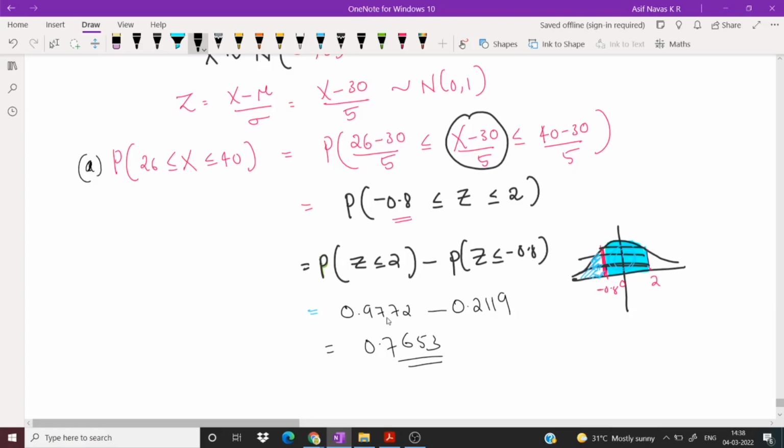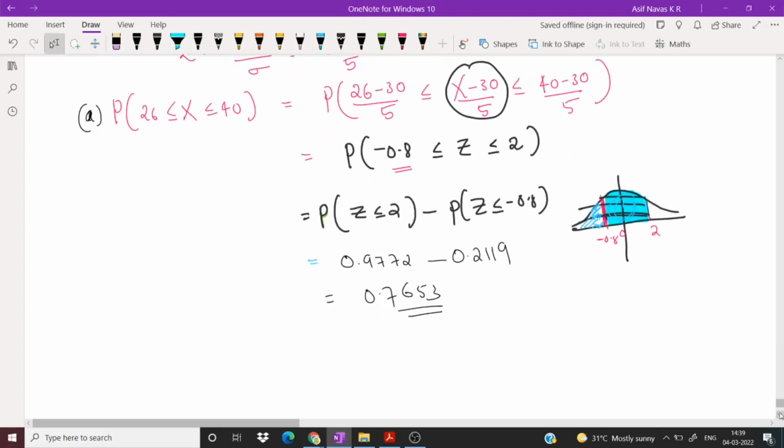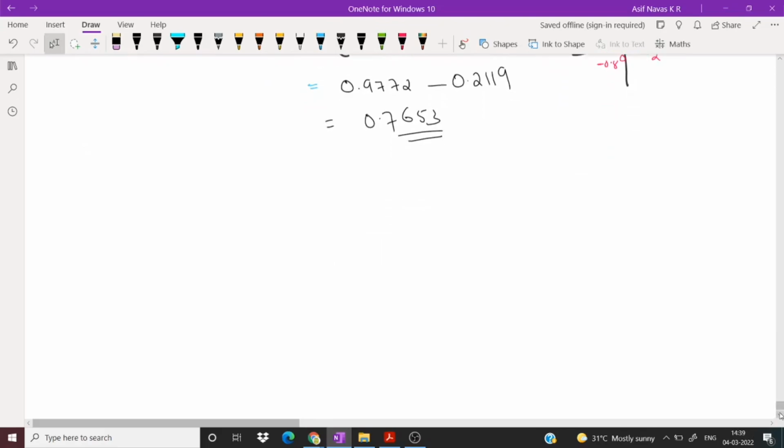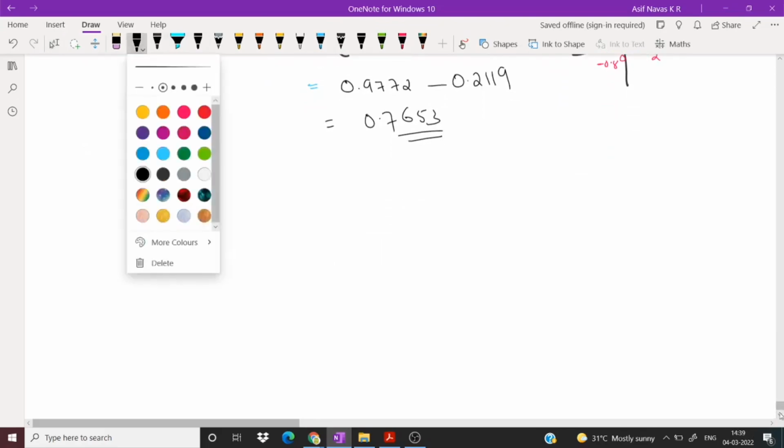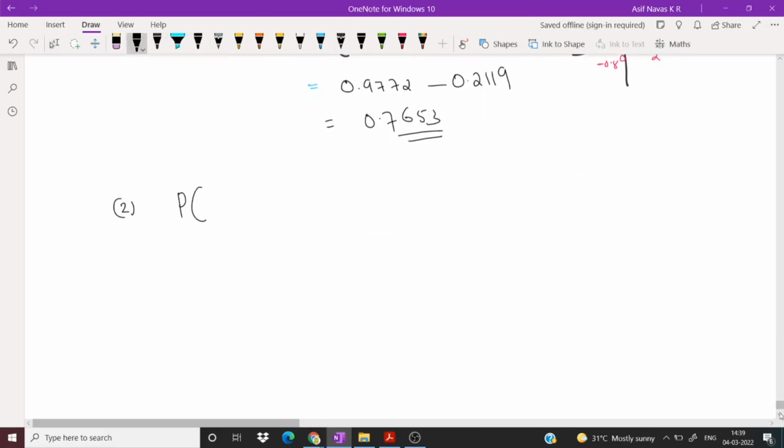Anybody have any doubt? So next we will do the second problem. For the second case, we have to calculate P of x greater than or equal to 45.